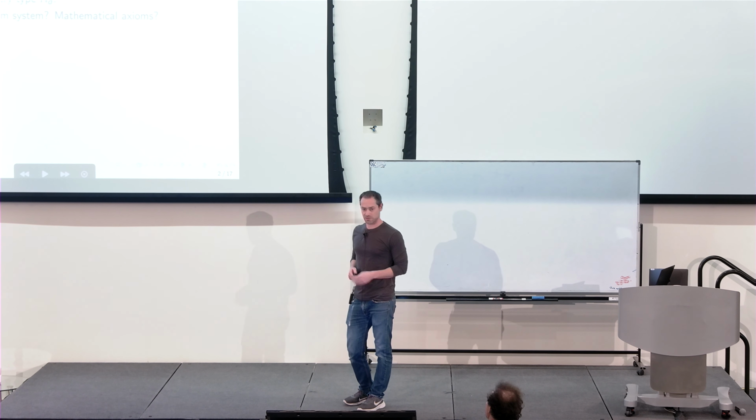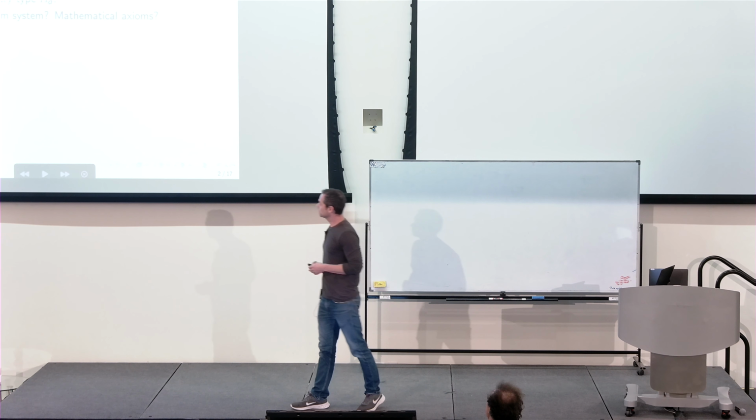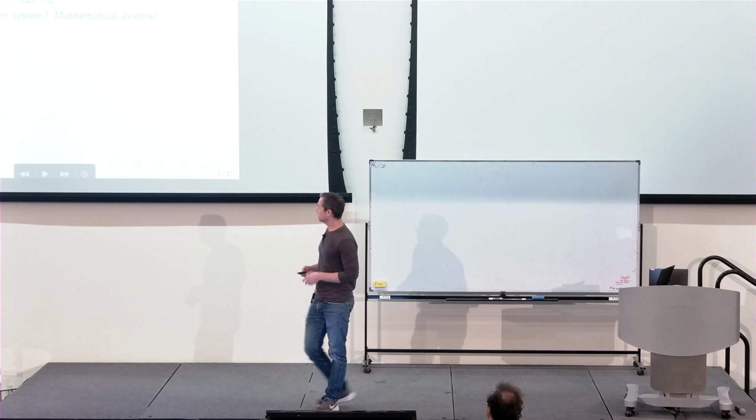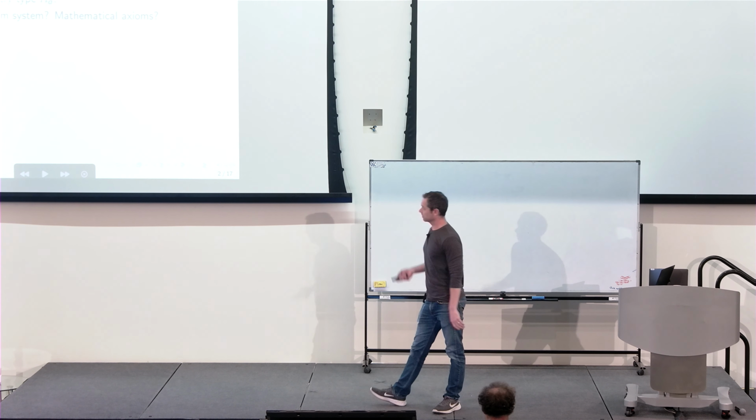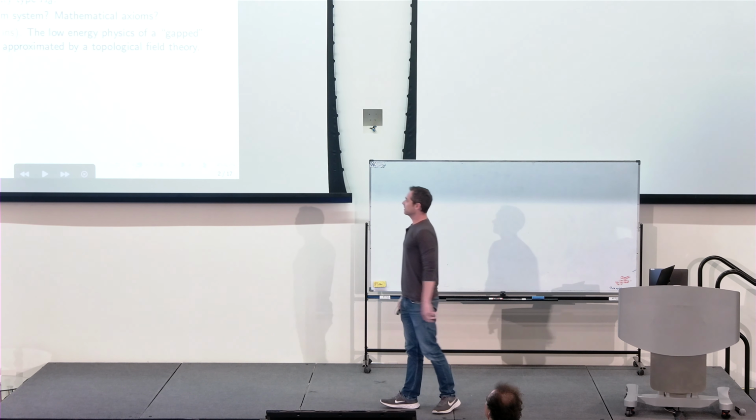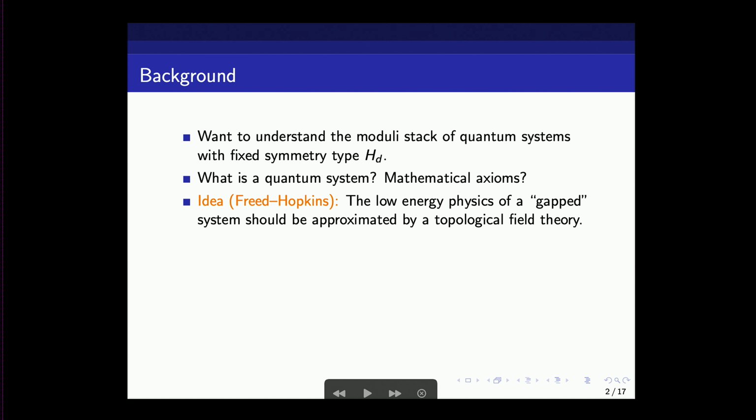There are no real good axioms for those lattice systems, but we do have axioms for topological field theories, for Euclidean field theories. And Freed and Hopkins had this idea: let's apply this heuristic principle that if you look at the low energy physics of a gapped system, it should be approximated by a topological field theory.